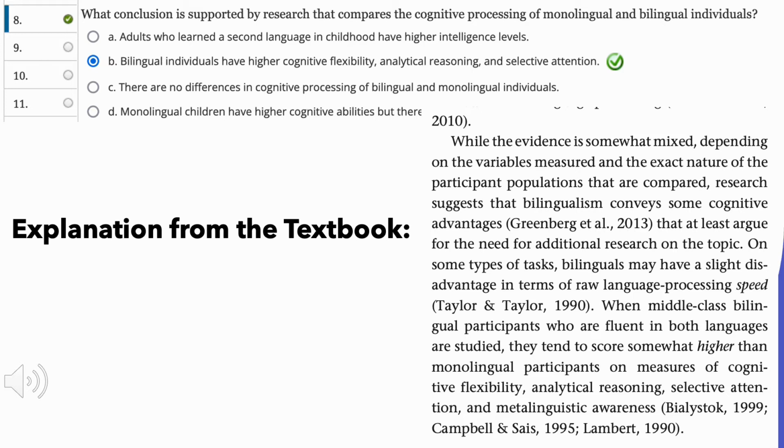On some types of tasks, bilinguals may have a slight disadvantage in terms of raw language processing speed. When middle-class bilingual participants who are fluent in both languages are studied, they tend to score somewhat higher than monolingual participants on measures of cognitive flexibility, analytical reasoning, selective attention, and metalinguistic awareness.